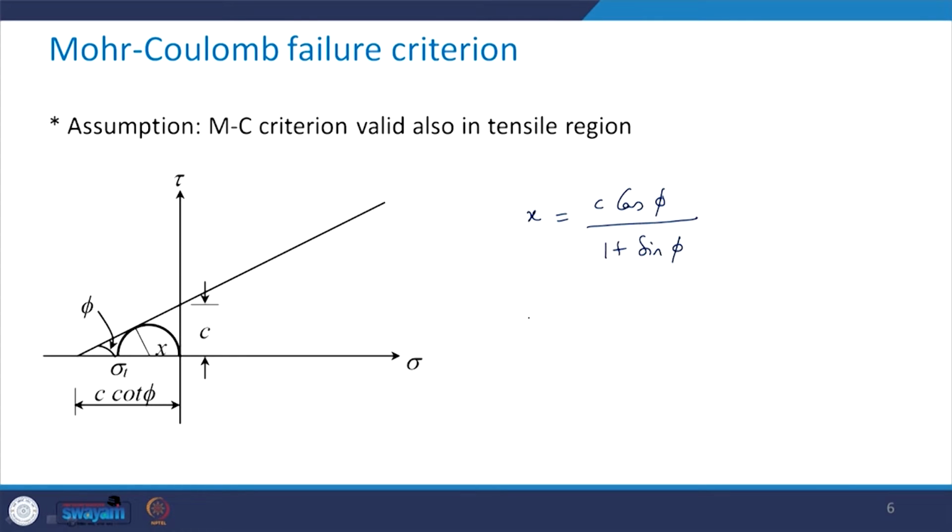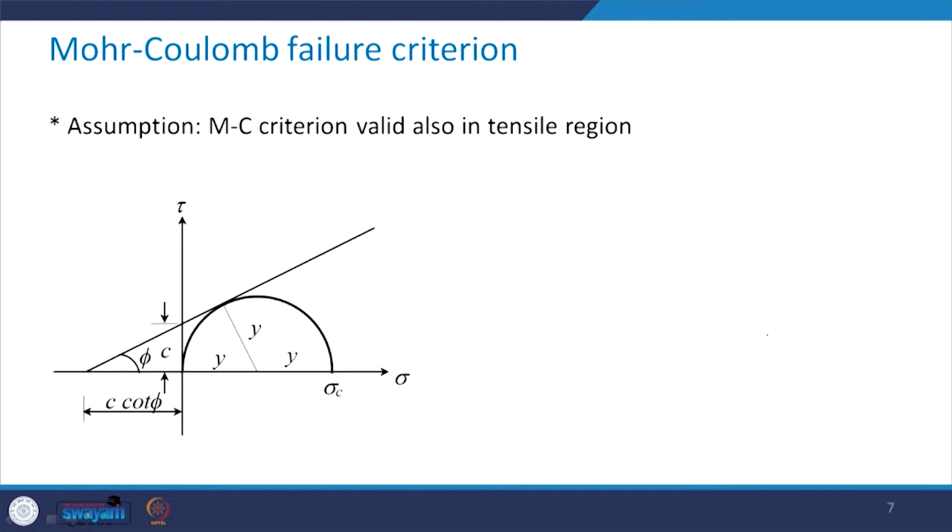And therefore this sigma t is equal to 2 times x, because this distance and this distance are equal, and this distance is equal to x. So sigma t is going to be 2c cos phi divided by 1 plus sine phi.